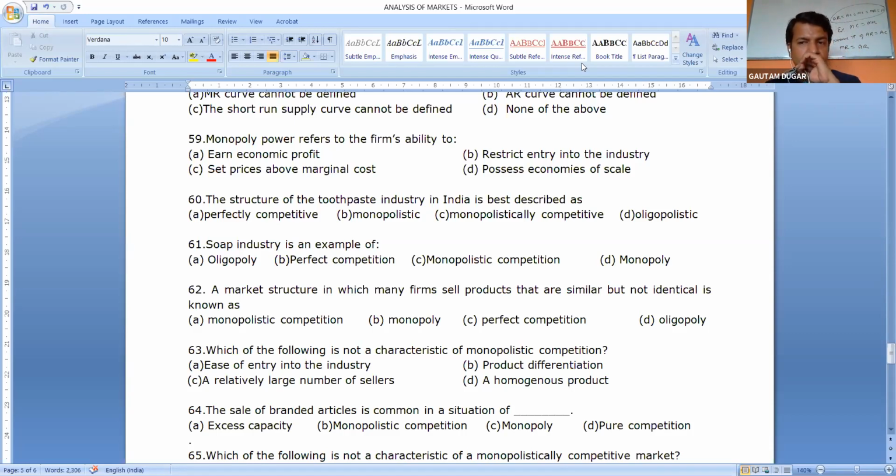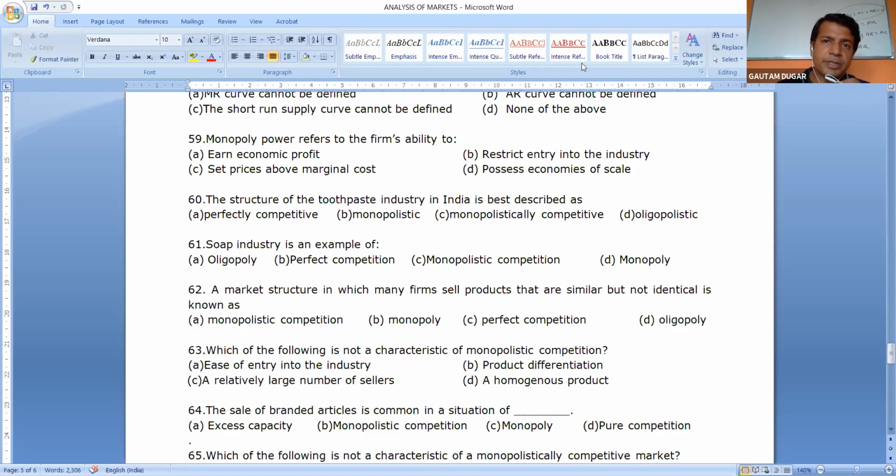62 is again monopolistic competition. Why? Because it is the market structure in which many firms sell products that are similar but not identical. The products in monopolistic competition are similar. Soap is a soap.